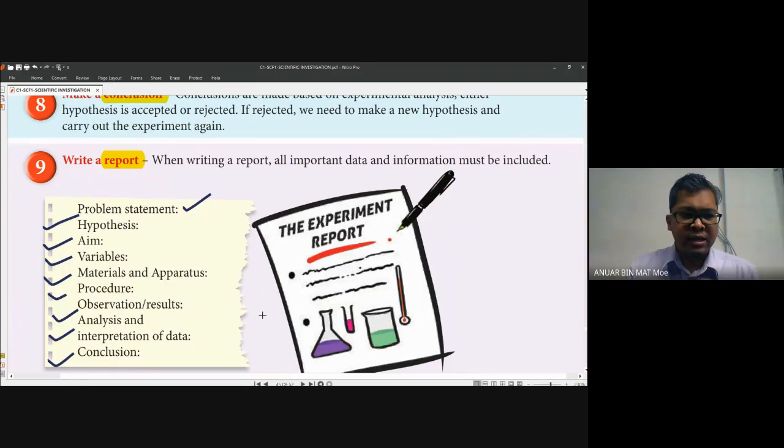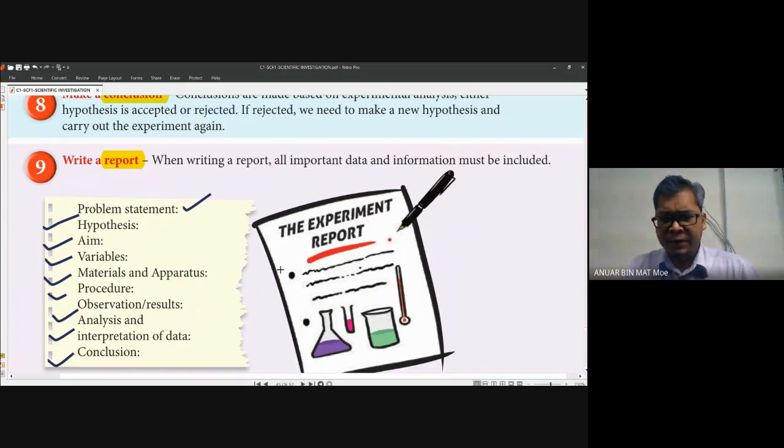Okay, these are the things that you need to include in your reports. Maybe not all, but some of them you must include. Don't worry, like I said earlier, this is just a theory. Later on, when you go to school, we will try to conduct the real experiment.